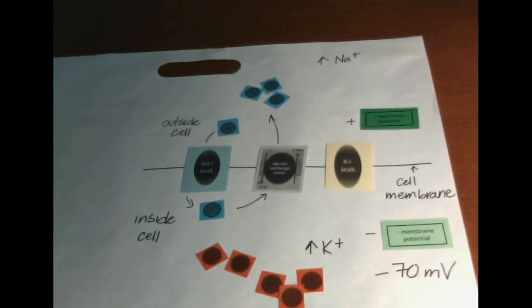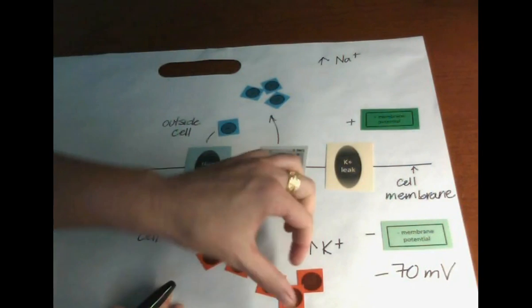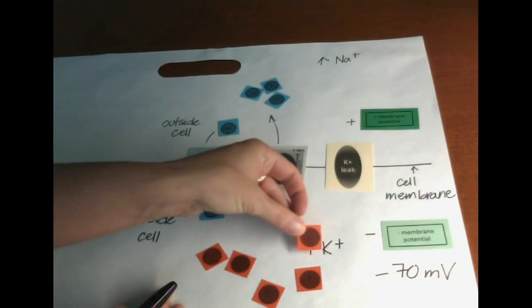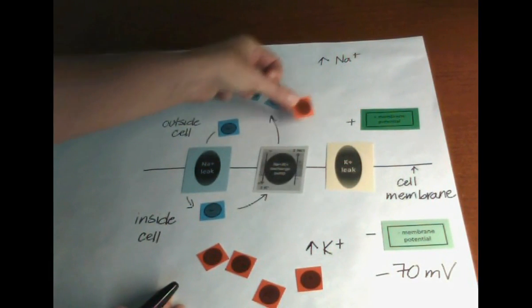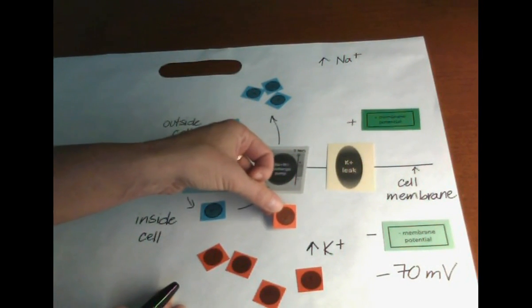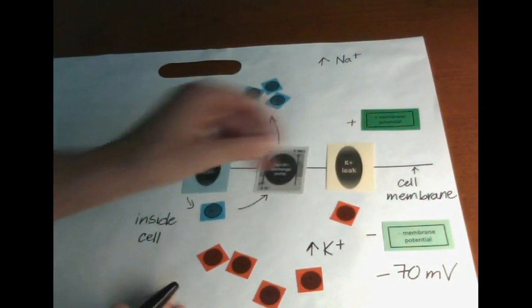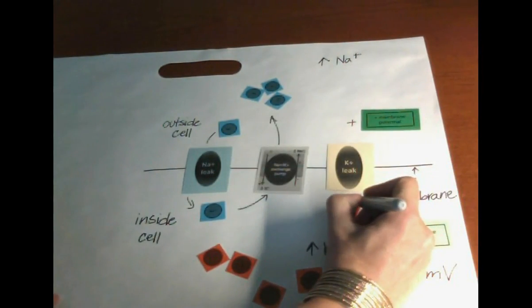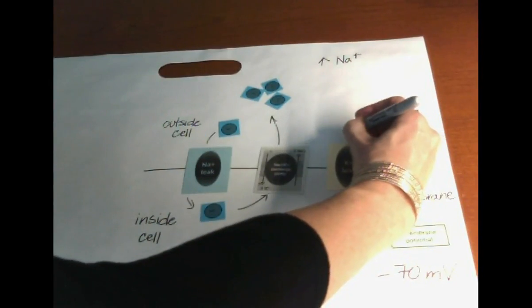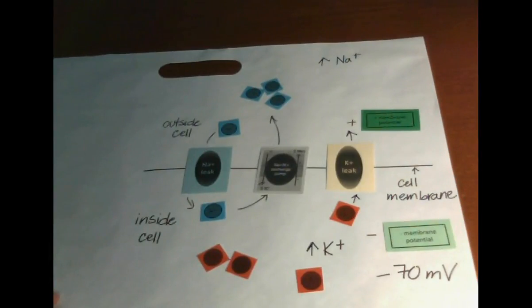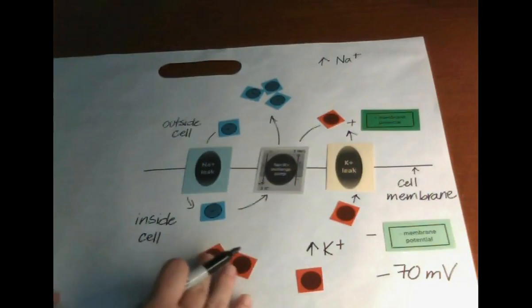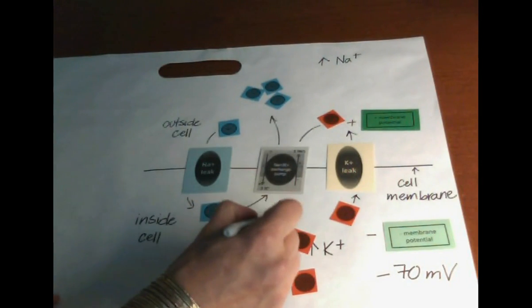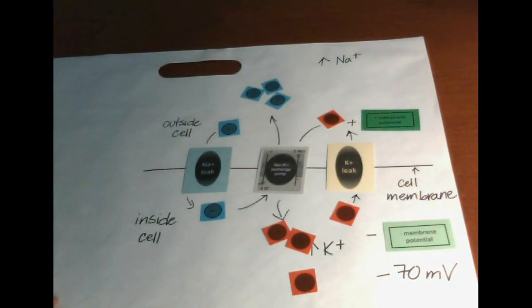Now, this is sodium, and so potassium is going to be the opposite. Potassium passively moves out of the cell and then is pumped actively into it. So again, potassium moves passively out, and then the pump takes it and will pump it back in.